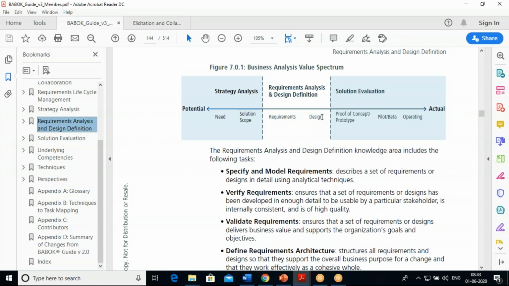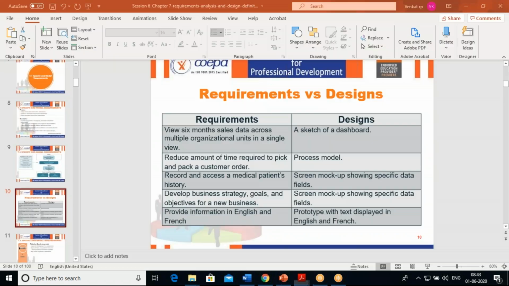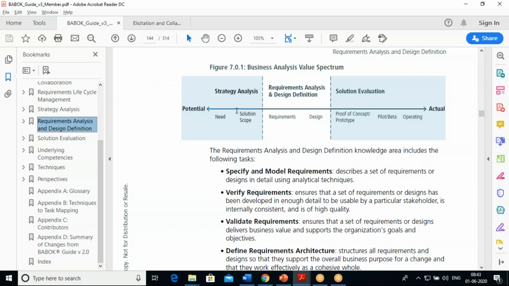We have already seen what a requirement is and what a design is, and the relationship between them. Got it? This knowledge area is a bridge between strategy analysis and solution evaluation.